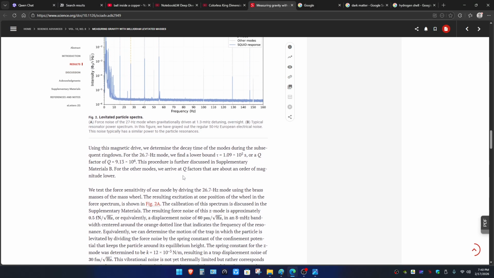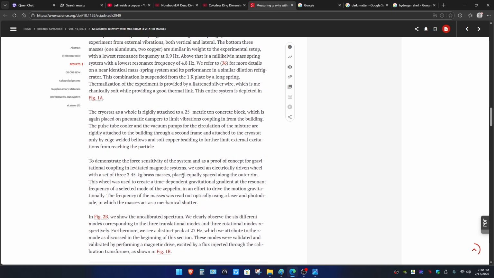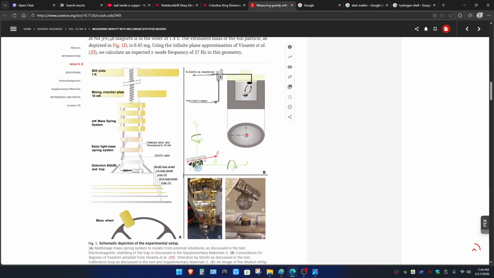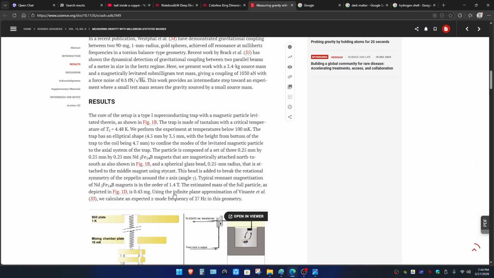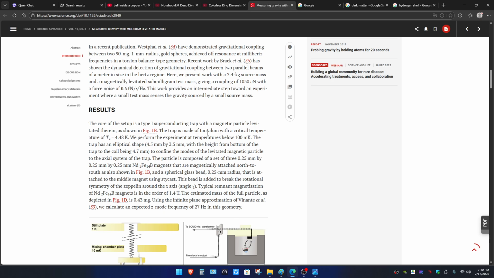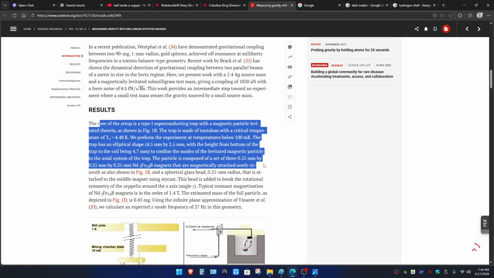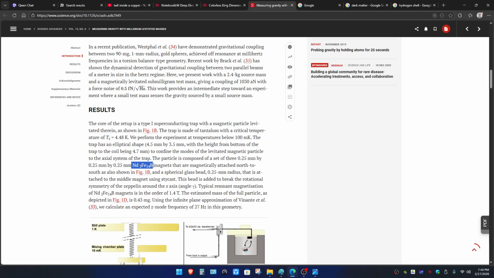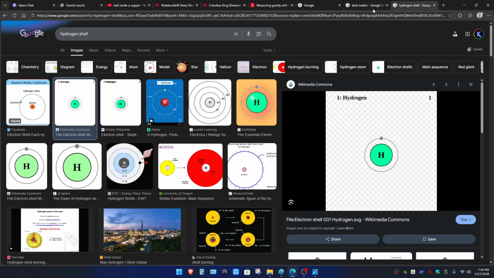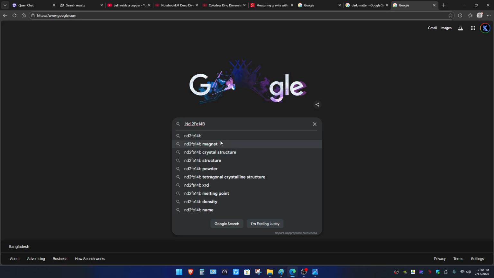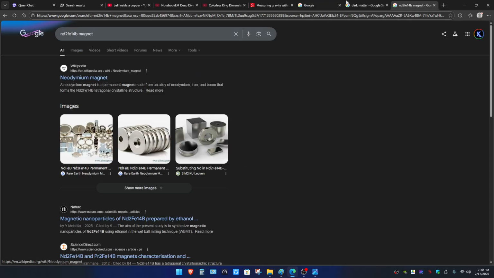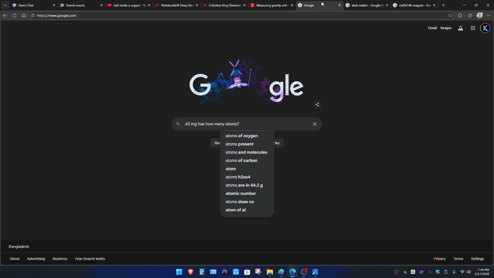Borosilicate or something. Made of tantalum. Okay, this is the one. So what is this? Neodymium magnet. Okay, I'm extremely sorry about that.